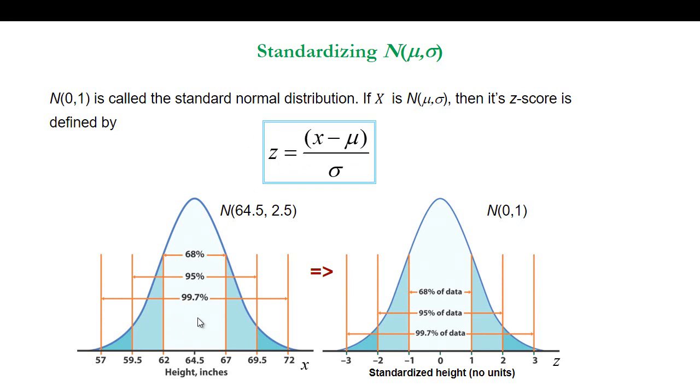For example, let's say that x represents height and x is normally distributed with mean 64.5 and standard deviation equal to 2.5. If we take z to be x minus 64.5 over 2.5, then we are going to get the standard normal distribution. So this is for any normal distribution.